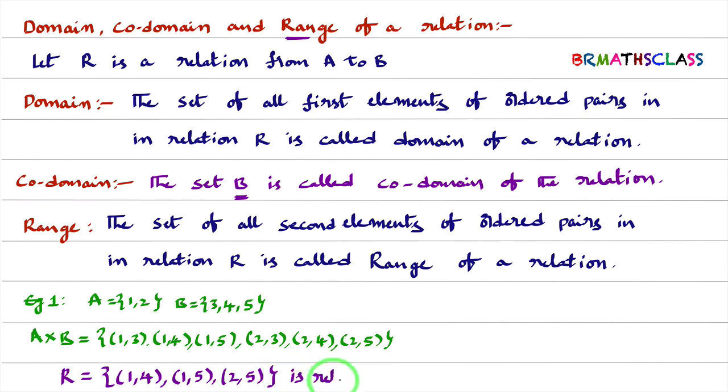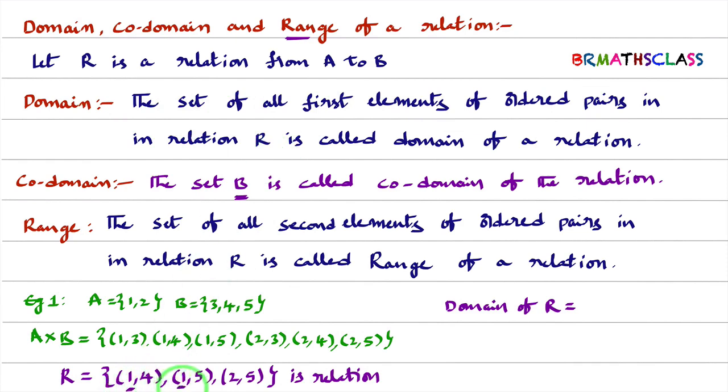So it is a relation from A to B. Now the point is, what is the domain of this relation? As per the definition, the domain is the set of all first elements of ordered pairs.